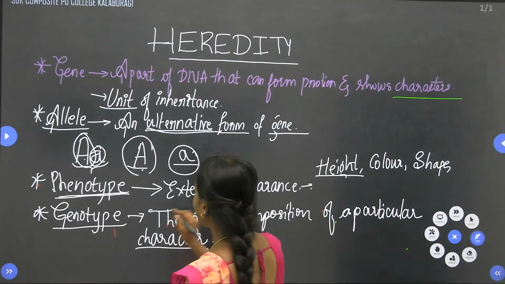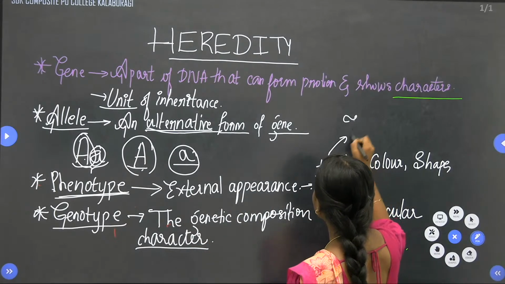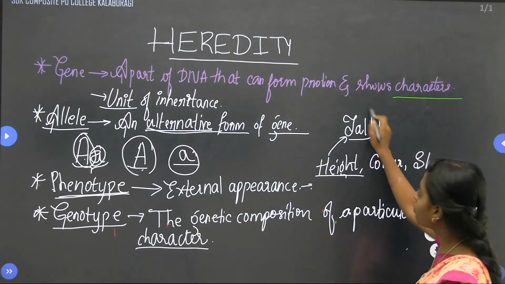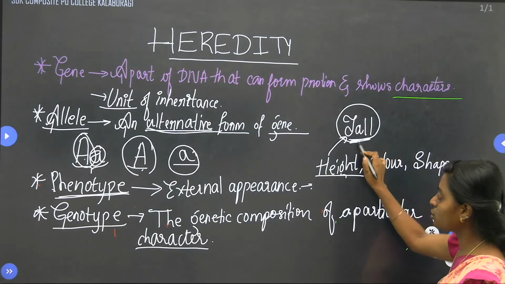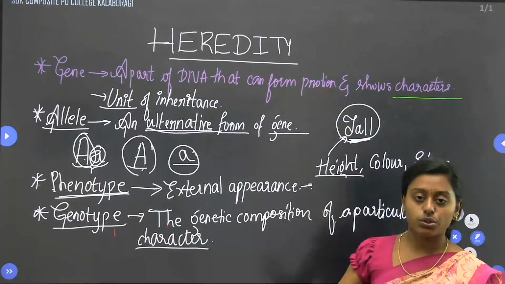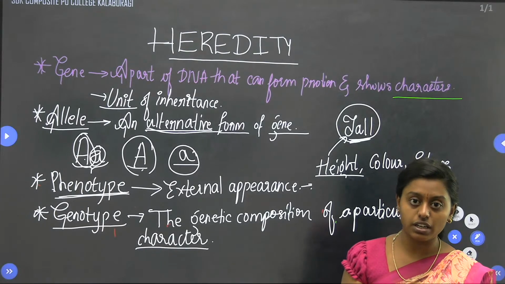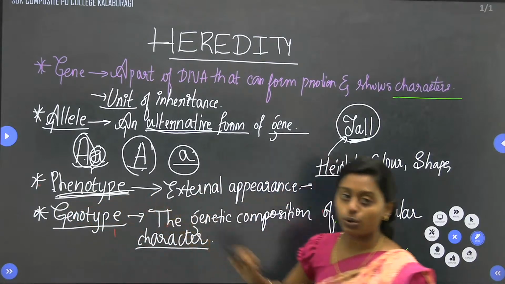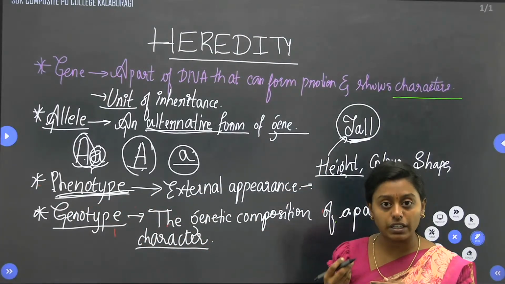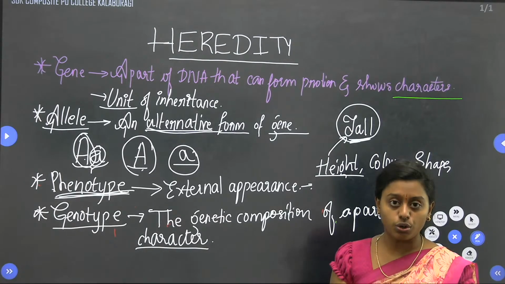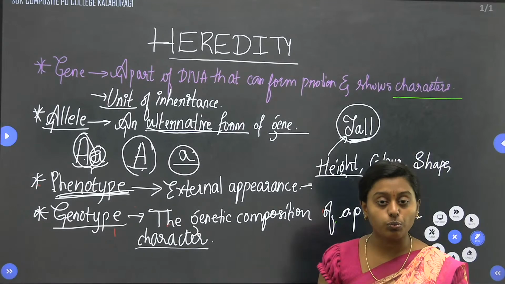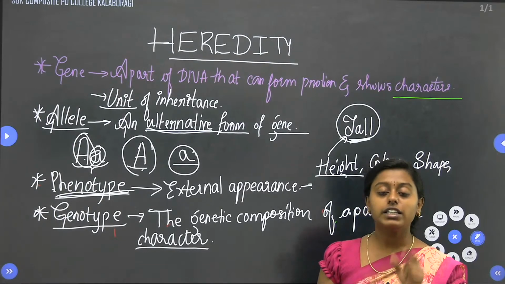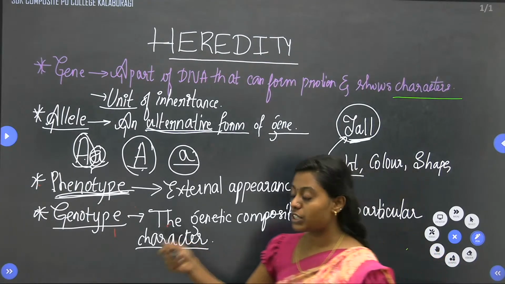For example, for phenotype, height, if we consider tall of a particular plant, then the phenotype refers to external observable character. So when we see a particular plant and say that the plant is tall, we are telling about phenotype. Now, if we look into what are the genes that are responsible for tallness of this plant, then that can be considered as genotype.